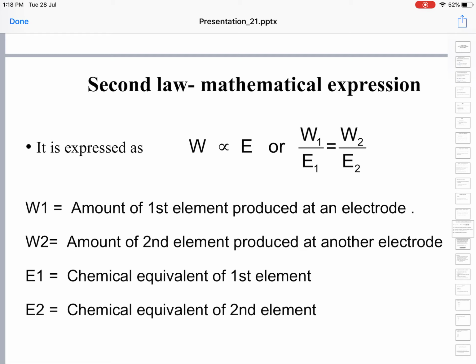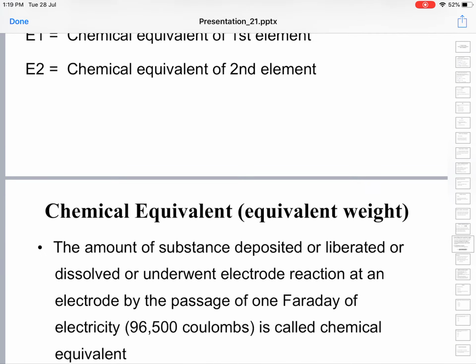E1 is the chemical equivalent of the first element, E2 is the chemical equivalent of the second element. We are taking two different solutions in two different vessels. This is the mathematical expression of Faraday's first law of electrolysis.